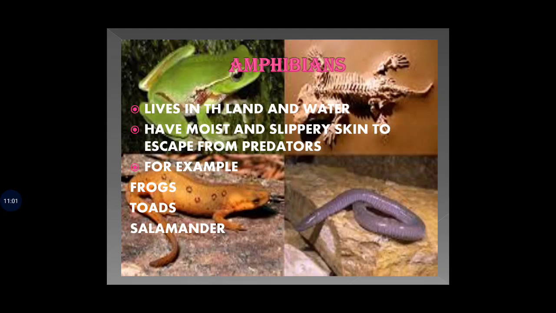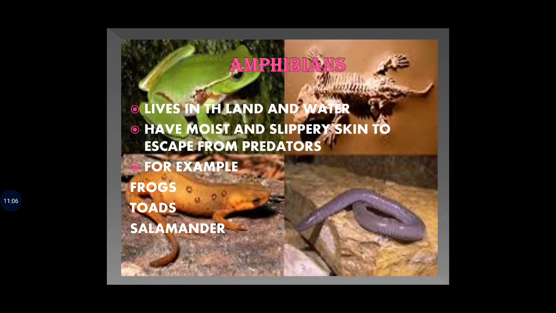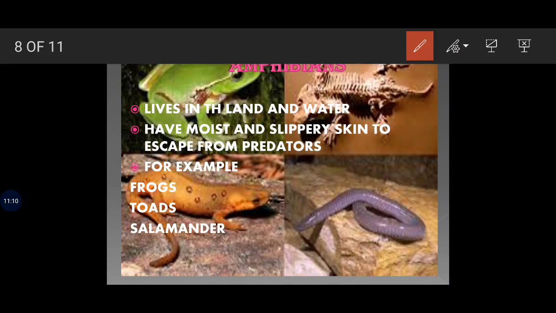Then after fish, it is about the amphibians. The name amphibian is made up of two words, amphi, which means both, and bios, meaning living. So amphibians are the organisms that can live both on land and in water.